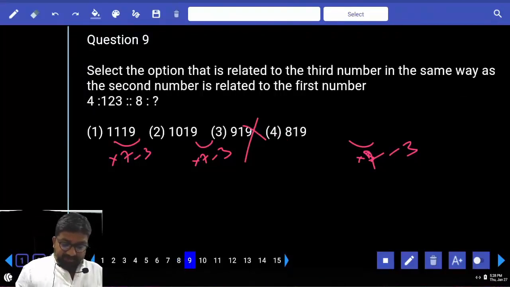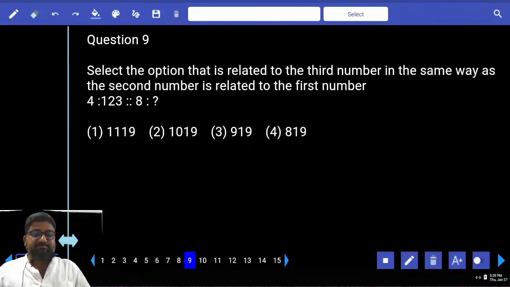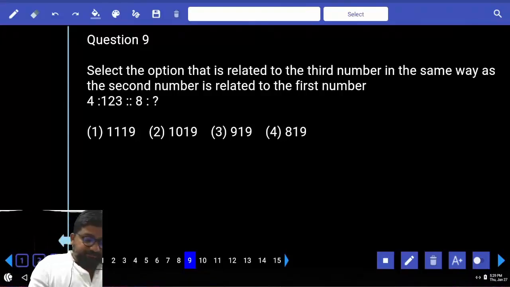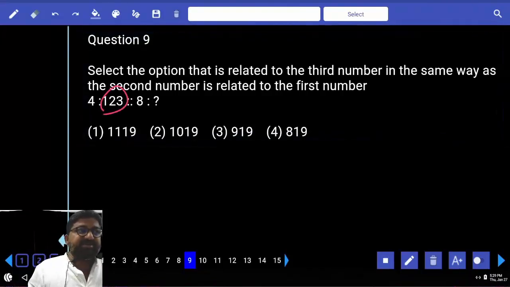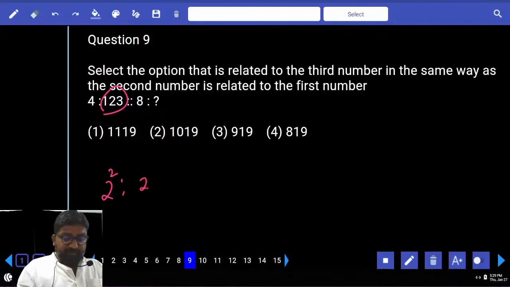Next, 9th question. This is not that easy. Very tough. This 123 is almost close to a 2 power value. 2 square, 4 can be written as 2 square. But this 123 is close to 2 power n value. What is the 2 power n? 2 power 7.